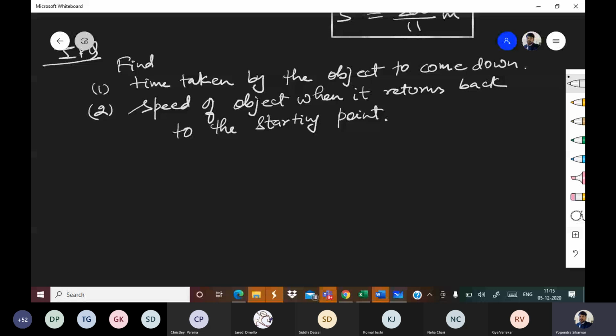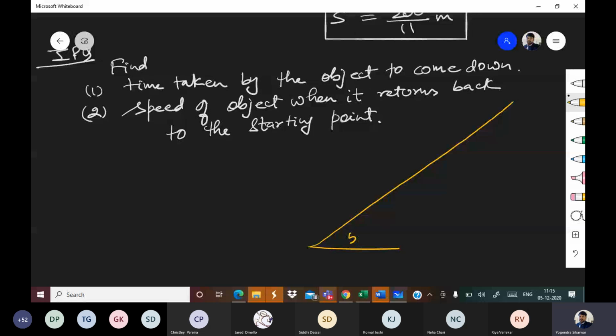Okay, everyone, please pay attention. So while it is coming down, this is 53 degree. 5G will be acting downward, N will be acting upward, perpendicular to the surface basically.